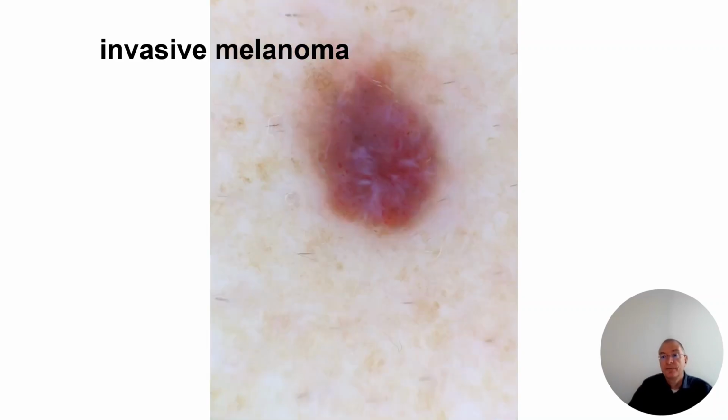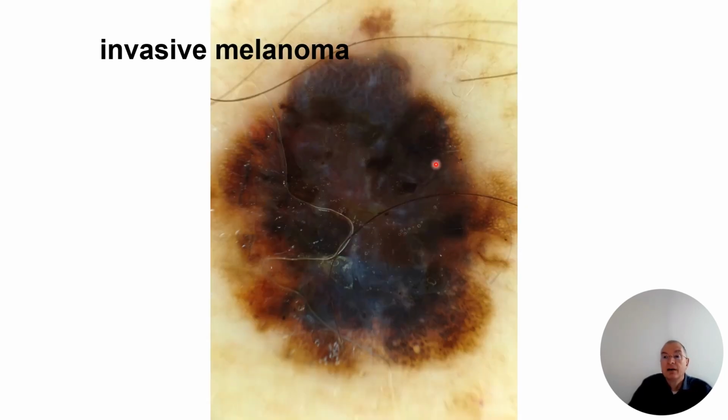A single reddish lesion, an alarm sign, with whitish lines, an alarm sign. This is invasive melanoma. And here black, a little bit grayish, bluish, white, but more or less black. Black single lesions are typical, and we will talk about this later. So alarm sign, invasive melanoma.